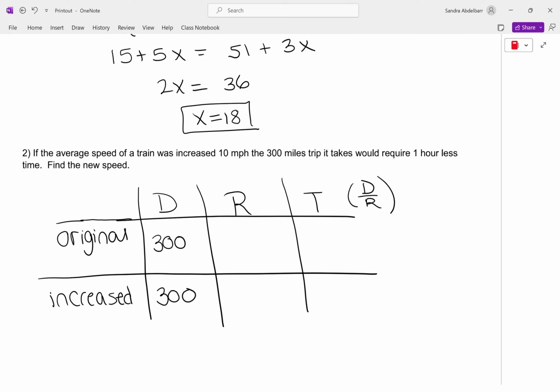Do we know the original speed of the train? No, we do not, but we do know that whatever it was, it was then increased by 10. So for the increased, it's x plus 10.